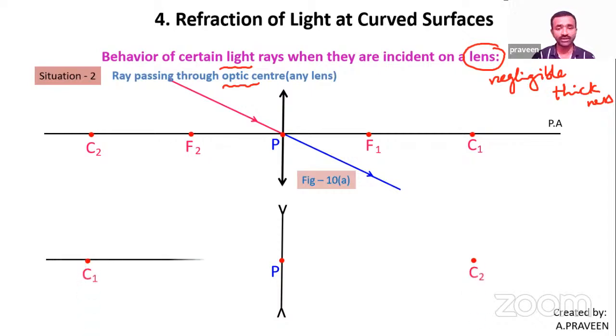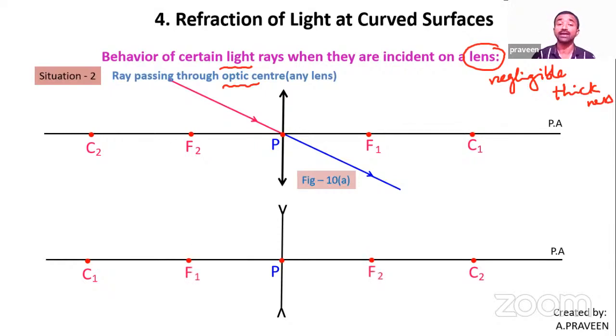Next, join them, name it as the principal axis. After that, their focal points F1 and F2 on their respective sides. Then a light ray is incident passing through the optic center. Then what happens after refraction? In this case also, the light ray goes straight without any deviation.